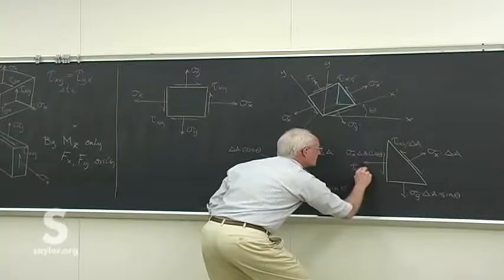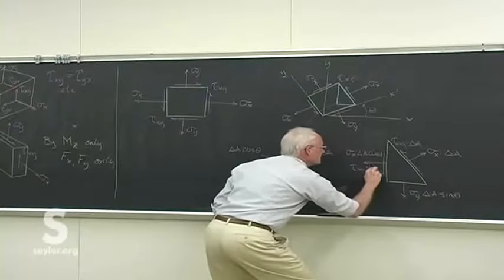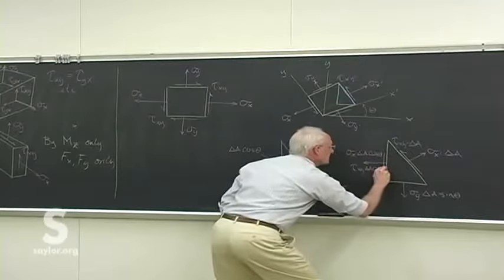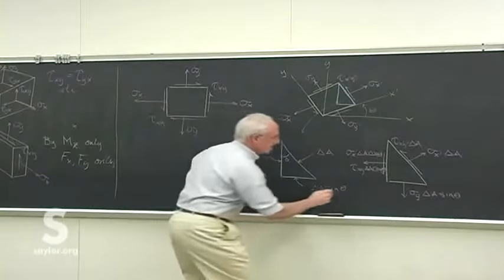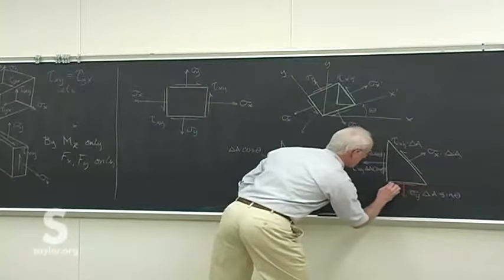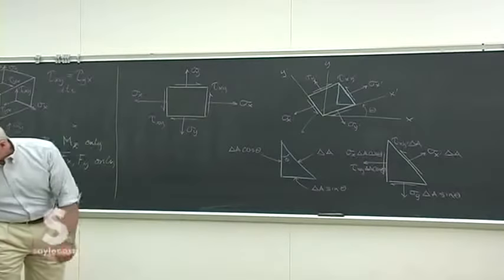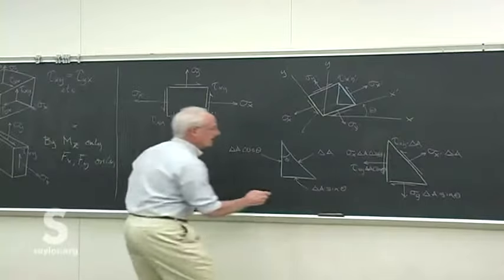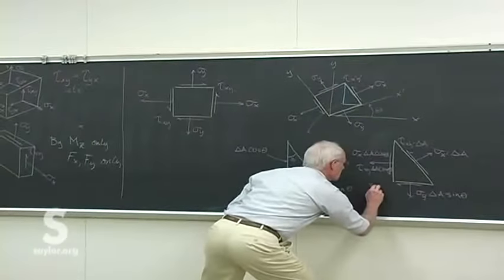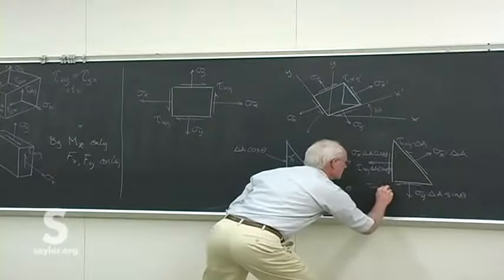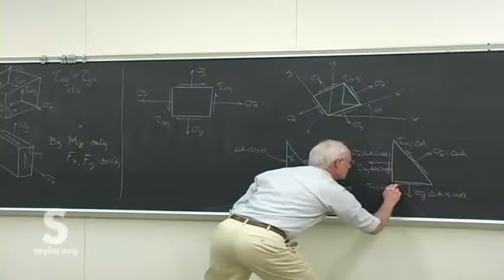Tau xy acting on an area delta A cosine theta on that face, and the same thing on that face as well. So we get all the pieces. This is tau xy delta A sine theta.